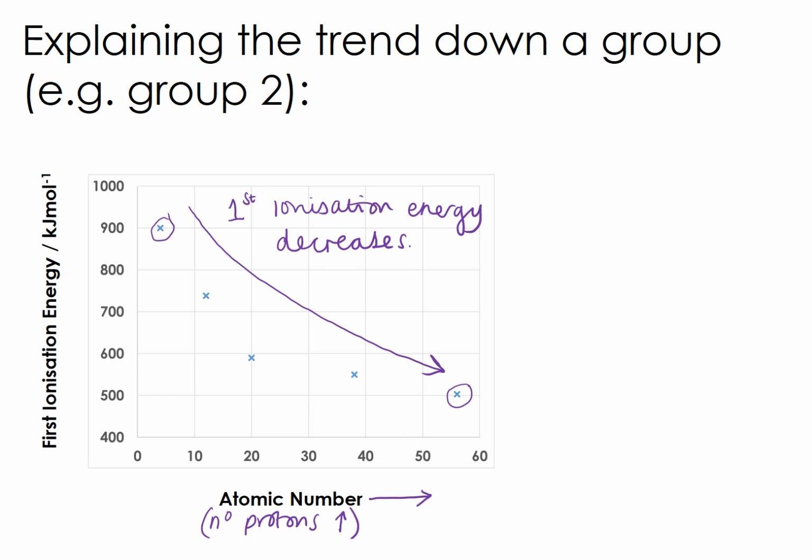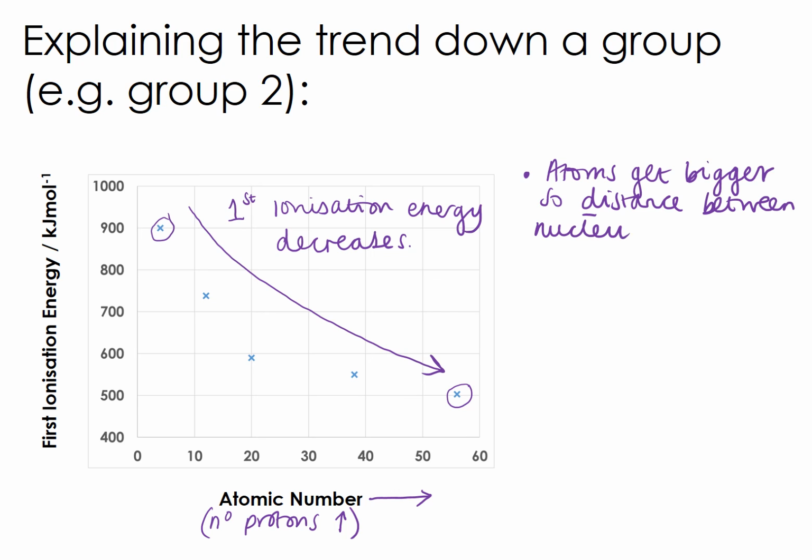So what must be the case, going from the top to the bottom of the group, for the explanation is the following. As we drop down group 2, the atoms are getting bigger, so the distance between the nucleus and the outermost electron increases.